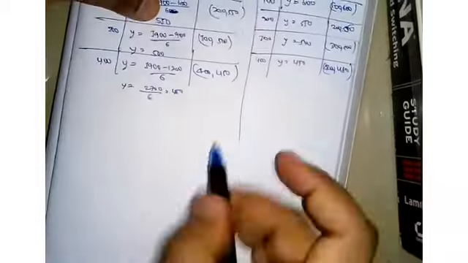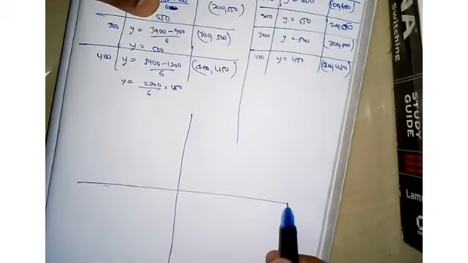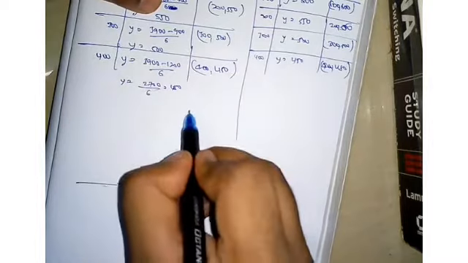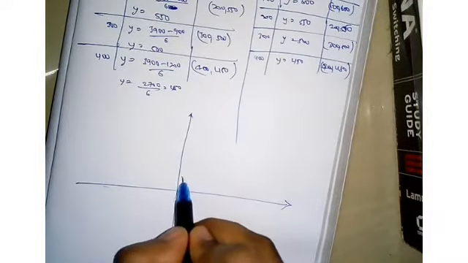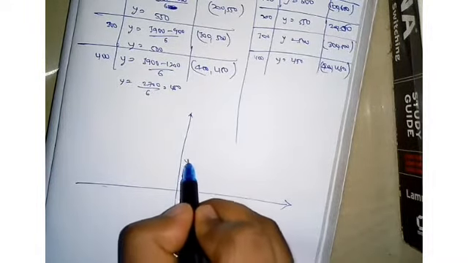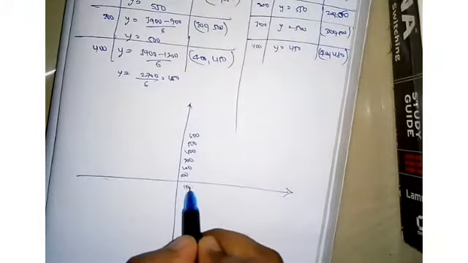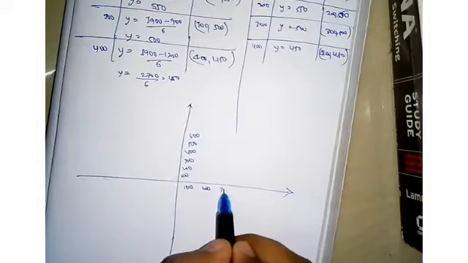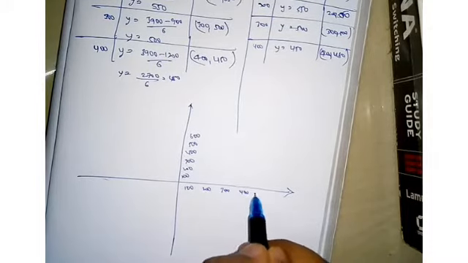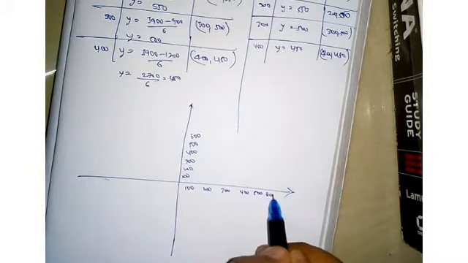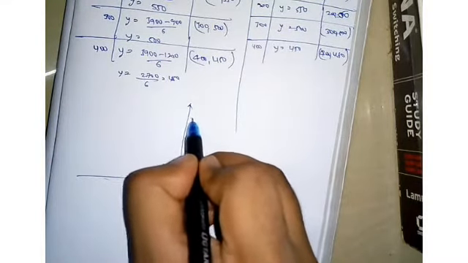If you plot these points on a graph, take 100, 200, 300, 400, 500, 600 on each axis. You take 700 or 800.